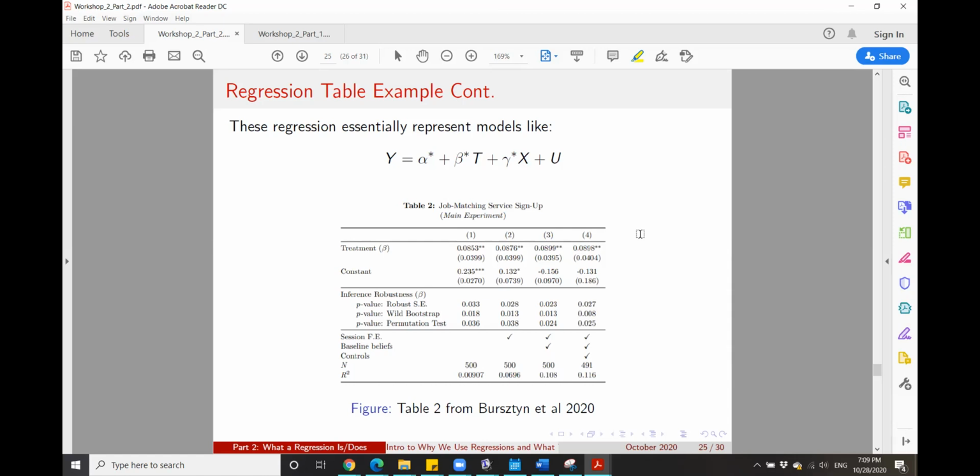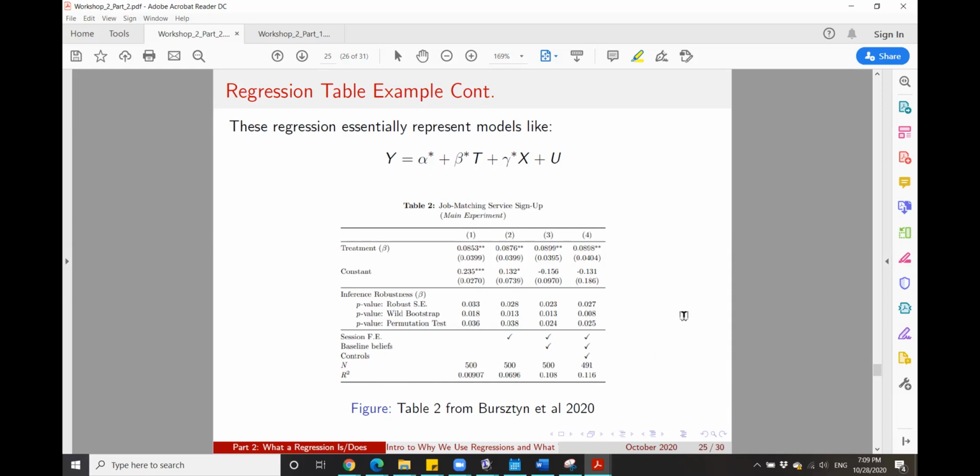It's not necessary to constantly be reporting the coefficients on age and race, for example. Right, so n here is the sample size that each regression is being run on. And here again, you have your r squared. Yeah, so that's a very simple example of a table.